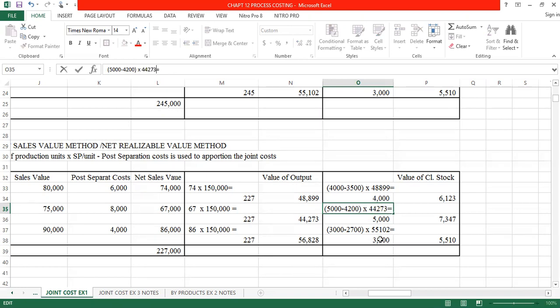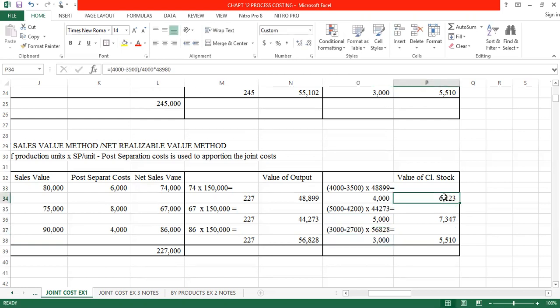And this one changes to 56,828. So you get that.